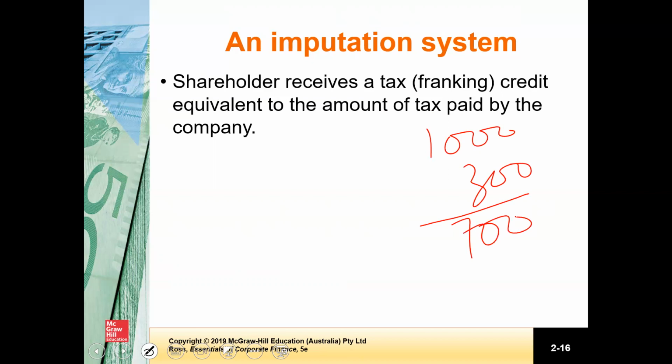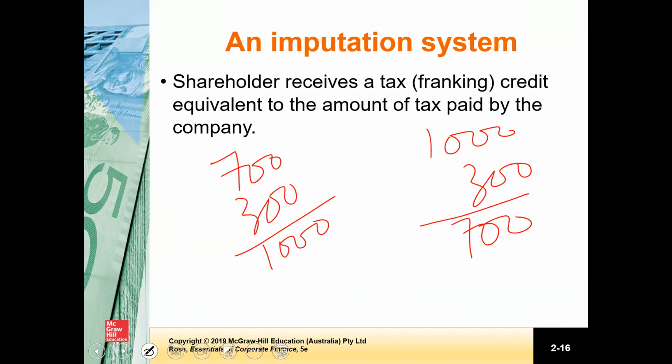Now the $700 is paid to a shareholder as dividend. So the company will pay the $700 dividend to the shareholder, and at the same time, it will advise that $300 have already been paid as tax. So the grossed up amount will be $1,000.